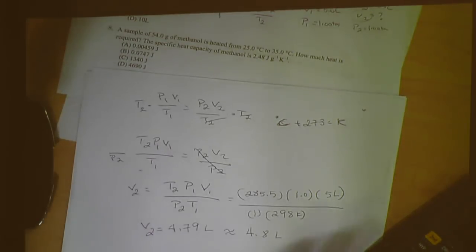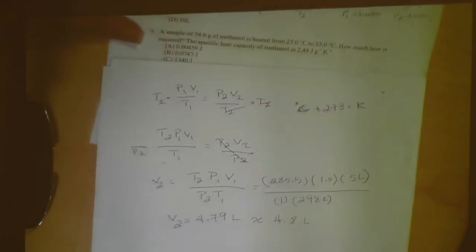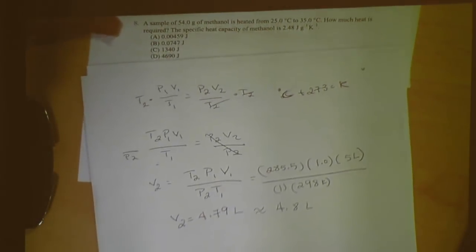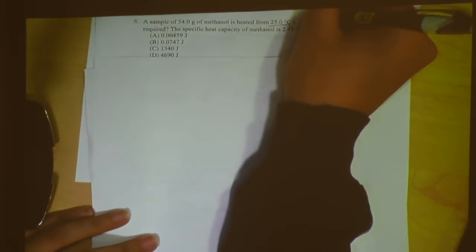Question 8. A sample of 54 grams of methanol is heated from 25 degrees Celsius to 35 degrees Celsius. So that means that TF is 35 and TI is 25. How much heat is required?